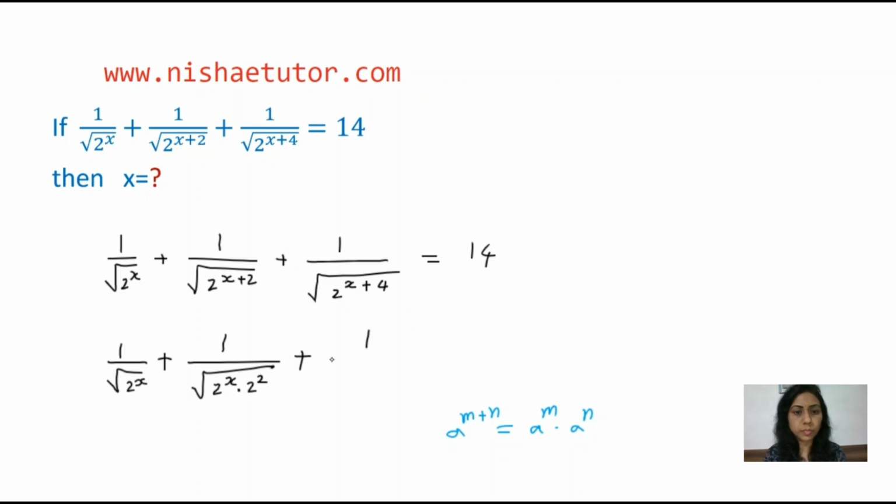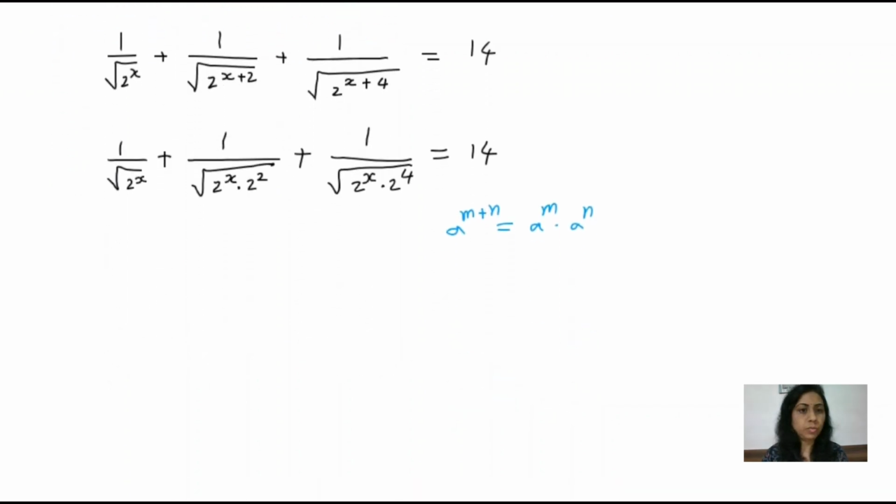Here the same exponent law we apply: (1/√2)^x multiplied by (1/√2)^4 is equal to 14. Now (1/√2)^x plus this one: here 2 is squared and here is the square root, so when it comes out we get 2.